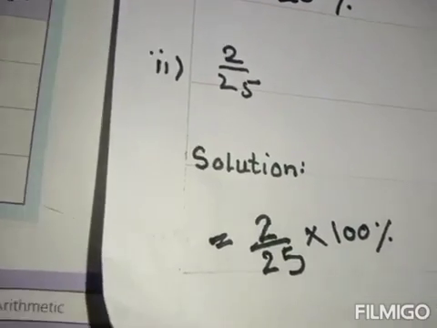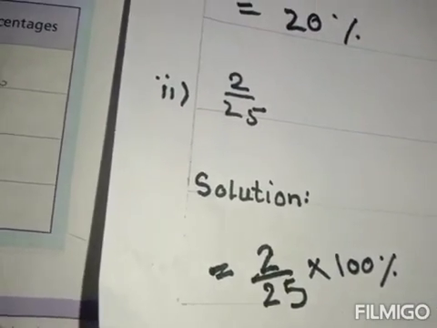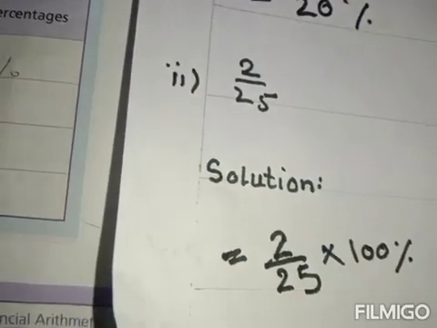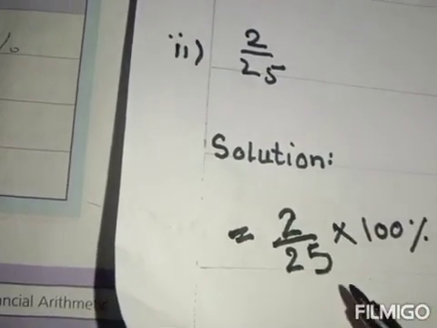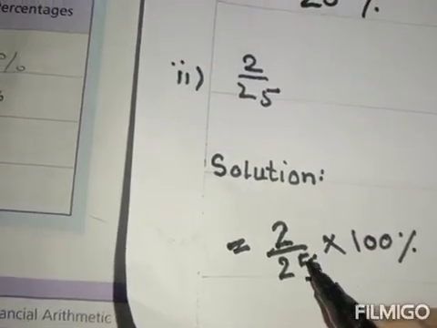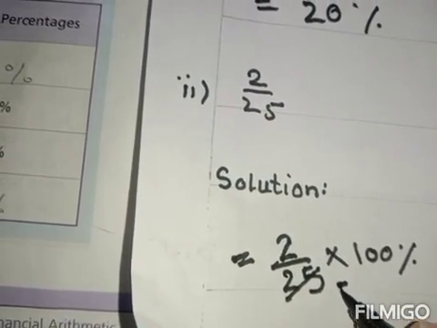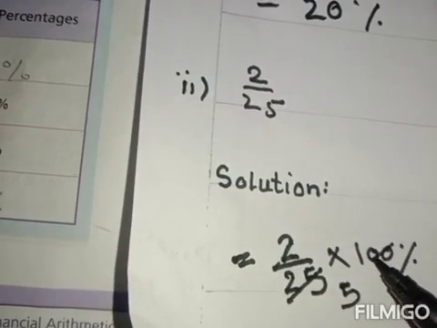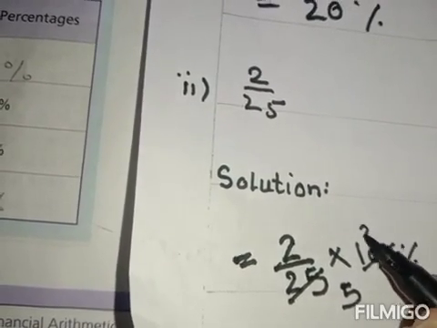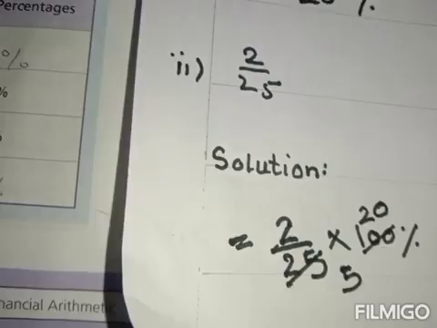So again we can cancel it using the 5 table, because we know that if the last number is 5 or 0, it definitely comes in the 5 table. 5 fives are 25, 5 twenties are 100.